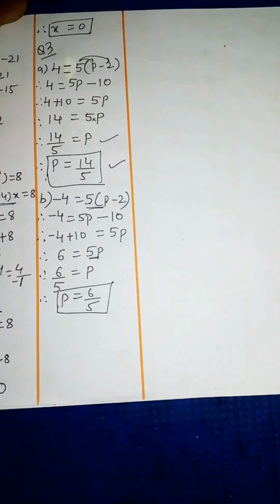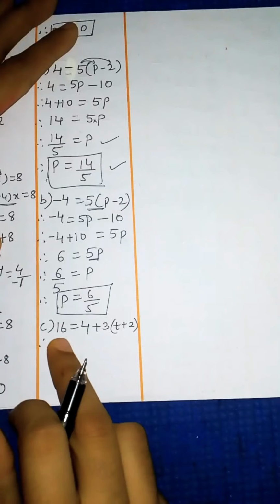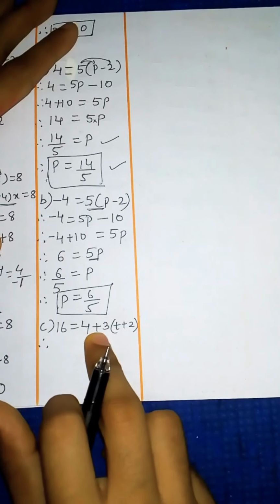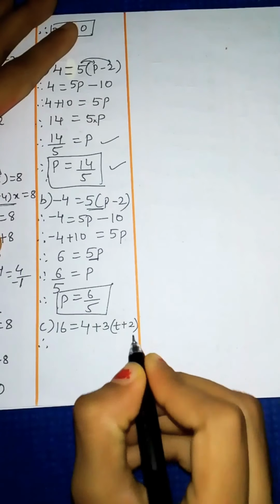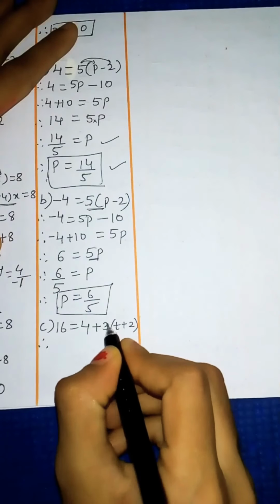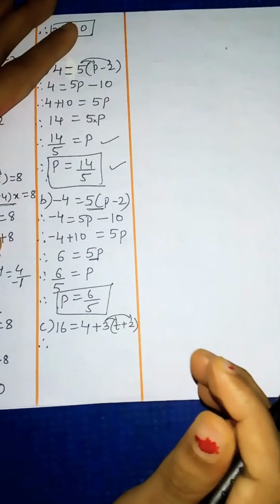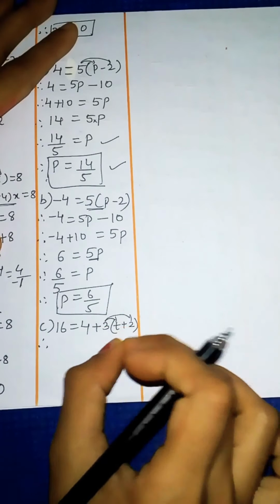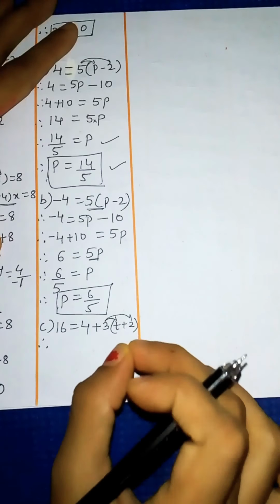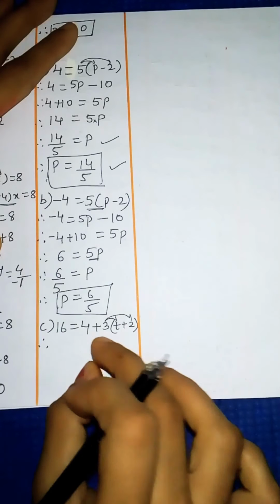Now this is the next question. 16 equal to 4 plus 3 into bracket t plus 2. So first again we will solve the bracket. So this 3 we will multiply inside with both. This we will solve first. First we will multiply this 3 and we will remove the bracket. Okay. Till then this part we will keep as it is.